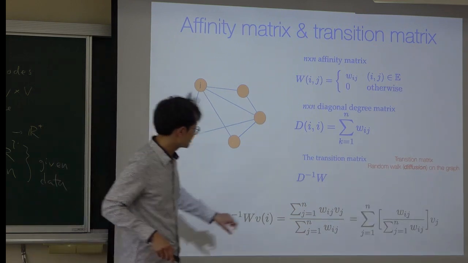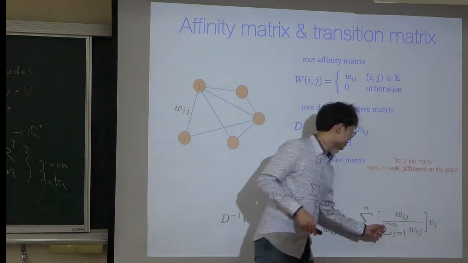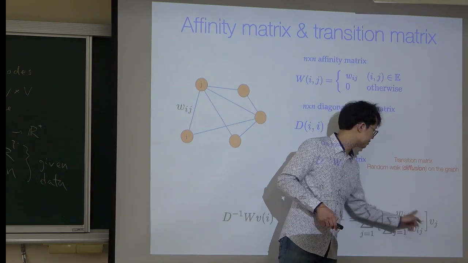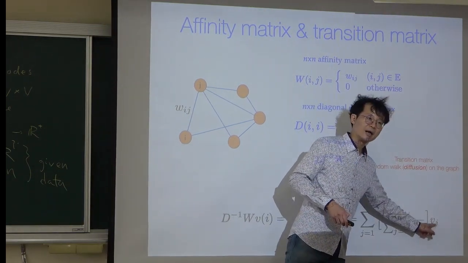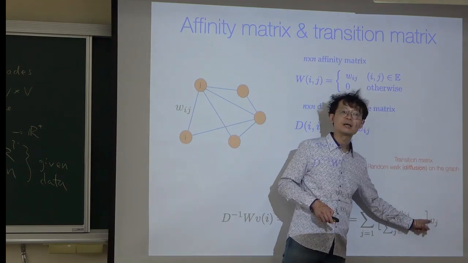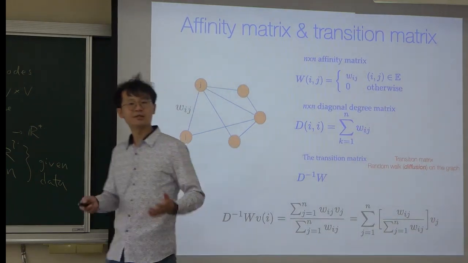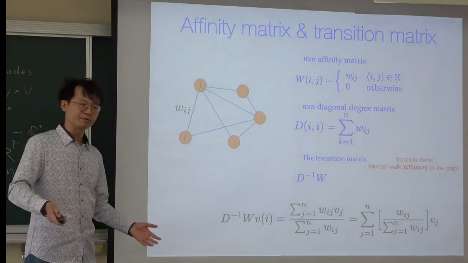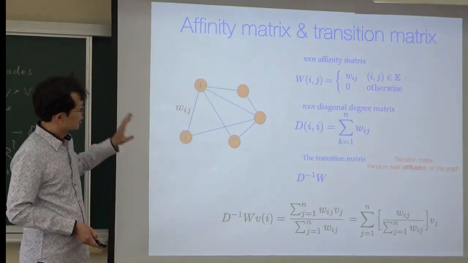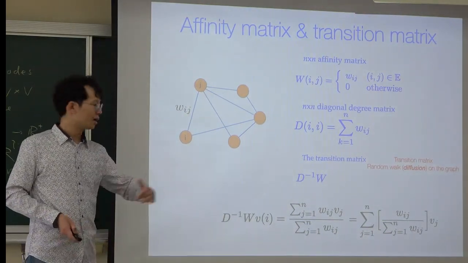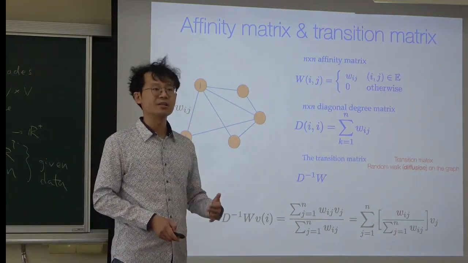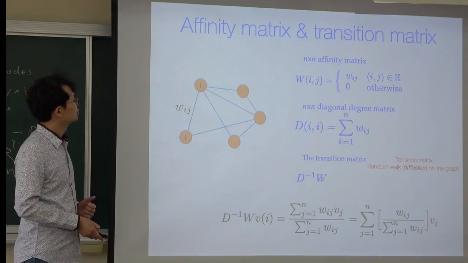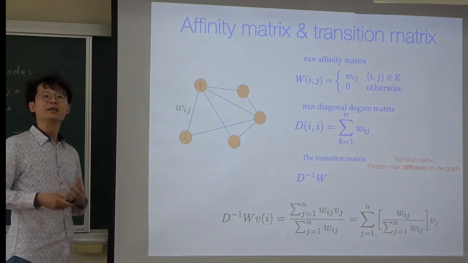And if you focus on the weights, you see they sum up to 1. So this gives you a probability idea of how you distribute the mass or the information in V. So that is the idea of random walk or diffusion. And we will use this idea again and again in this lecture to describe how the data is organized.